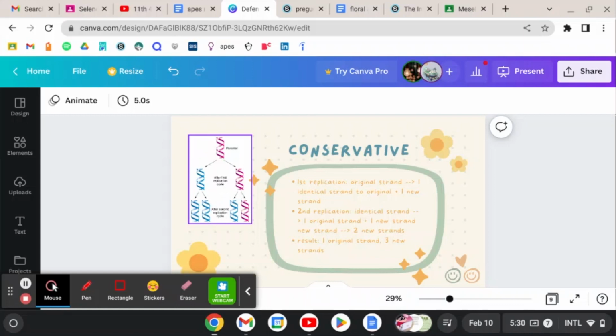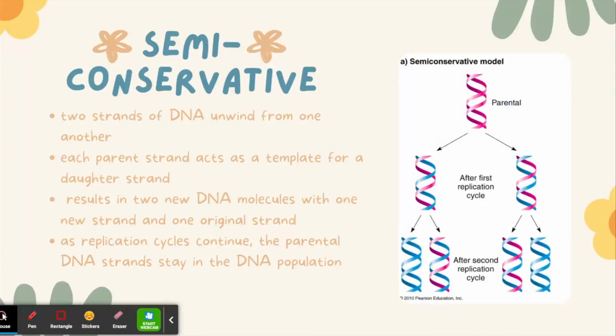So by the end of the second replication, you would have three new DNA strands and one identical to the parent.